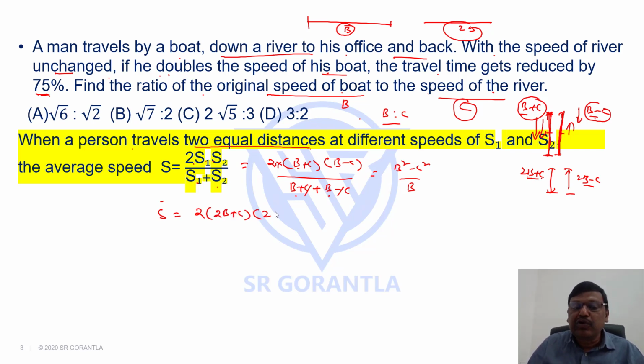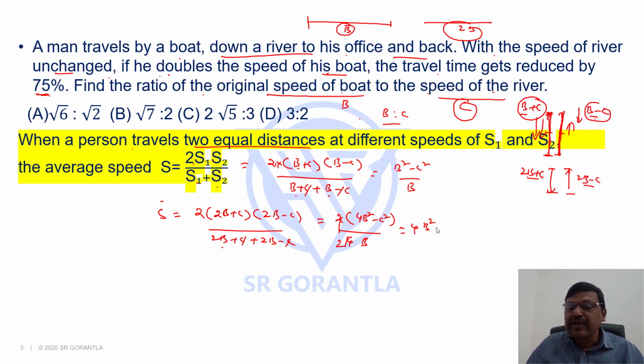So 2 into (2b plus c) into (2b minus c) by (2b plus c plus 2b minus c). If we try to simplify, 2 into (4b square minus c square) by 4b, the c gets cancelled, and a 2 gets cancelled, it will be 2b. So (4b square minus c square) by 2b is the speed now.